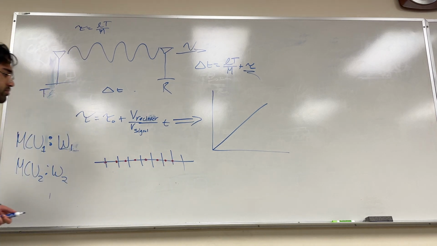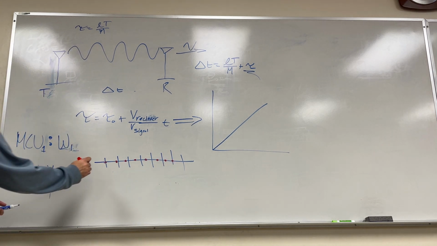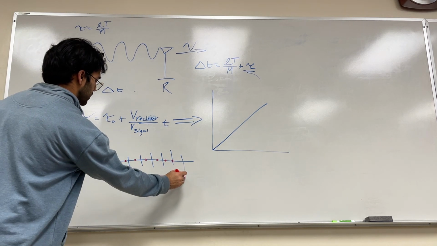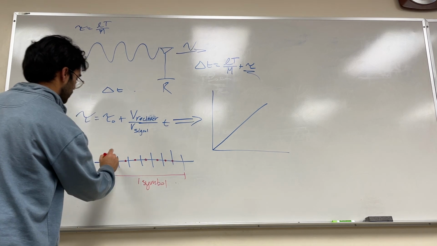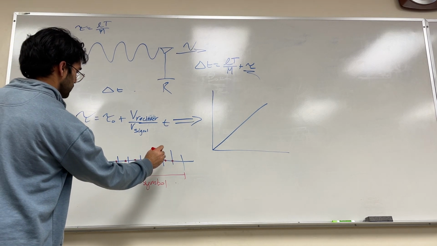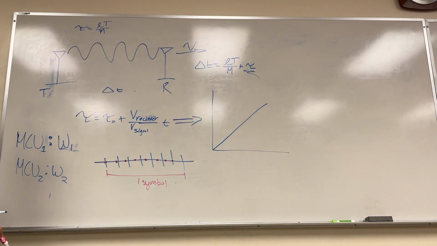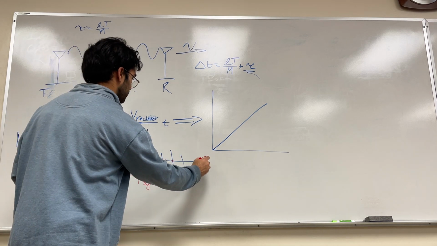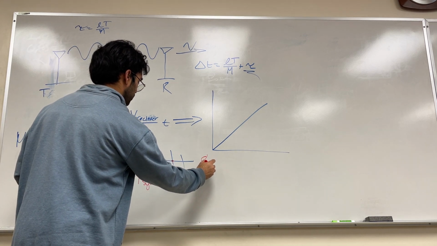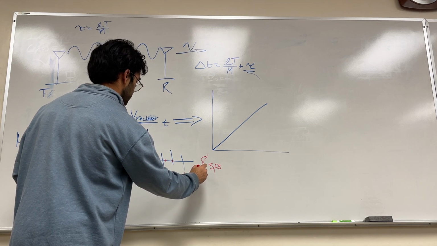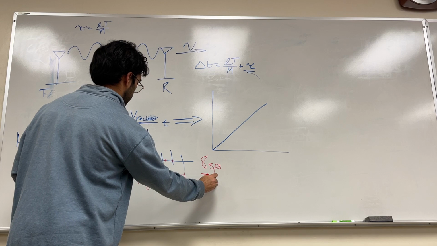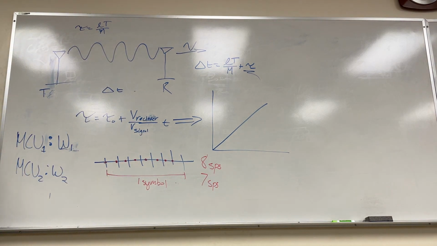So if this whole thing is one symbol, look how many of these: 1, 2, 3, 4, 5, 6, 7, 8. MCU1 could have 8 symbols per second, and then MCU2 could have 7. So this is also problematic, right? I might have counted wrong, but oh, it's actually 9.